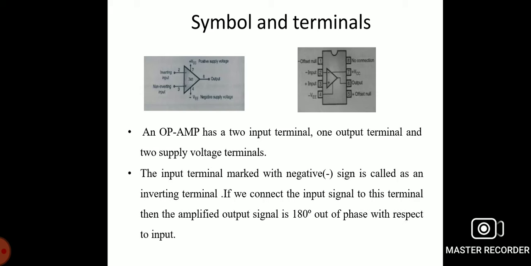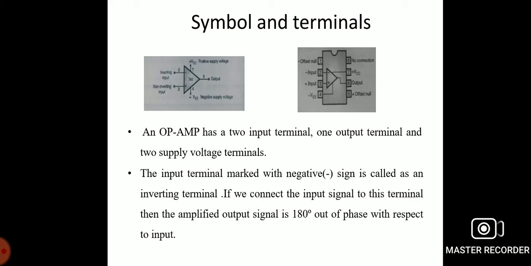The input terminal marked with a negative sign is called the inverting terminal. If we connect the input signal to this terminal, then the output signal is 180 degrees out of phase with respect to the input.